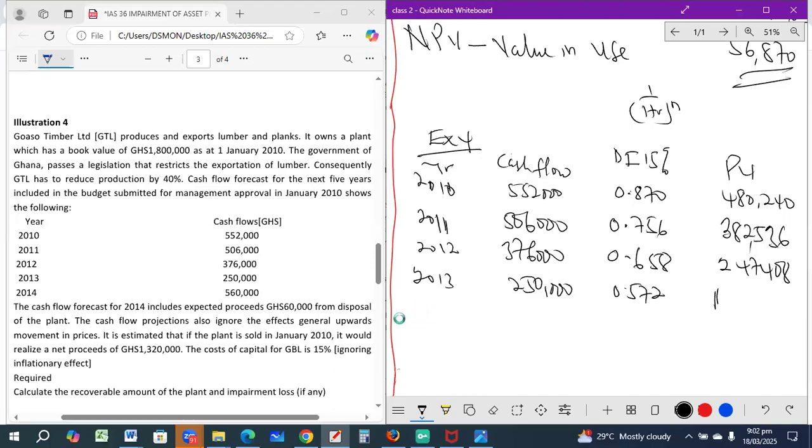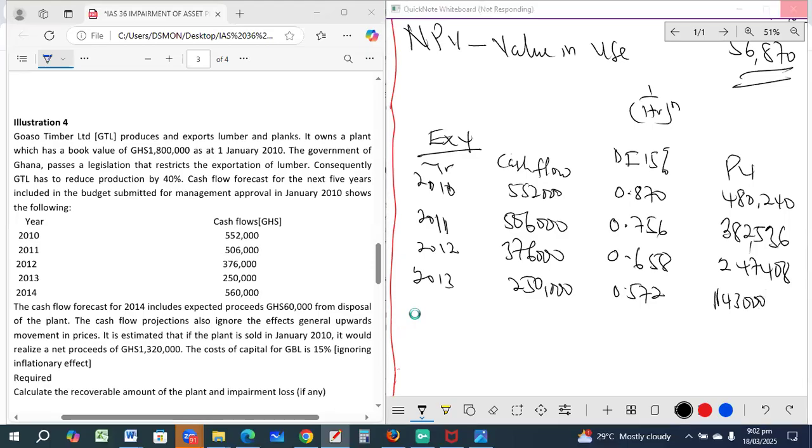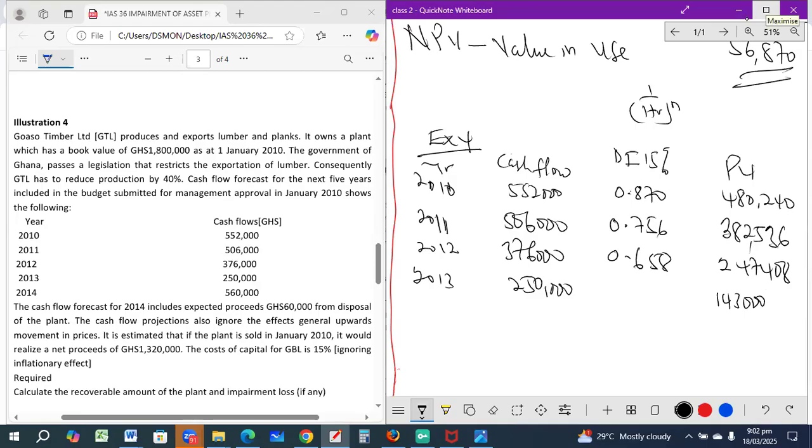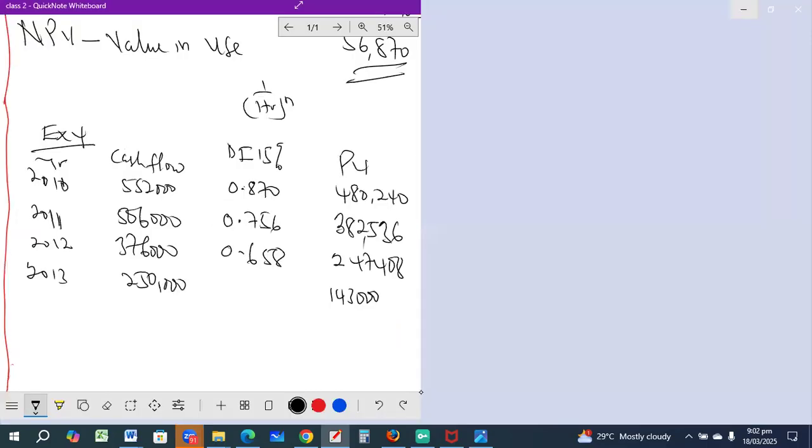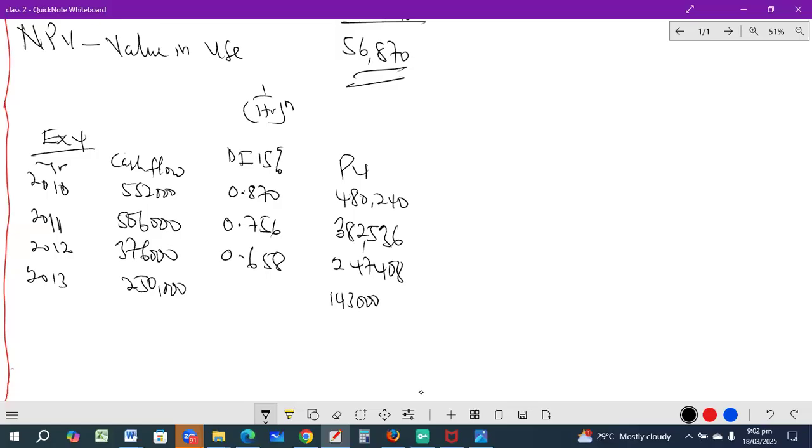Okay, so the final one, 2014. The discount factor is 0.497.